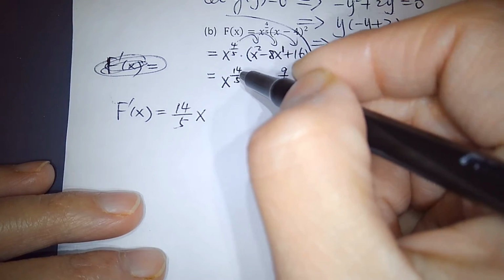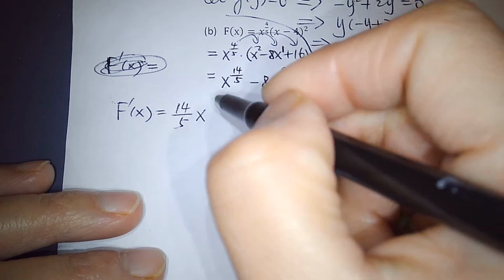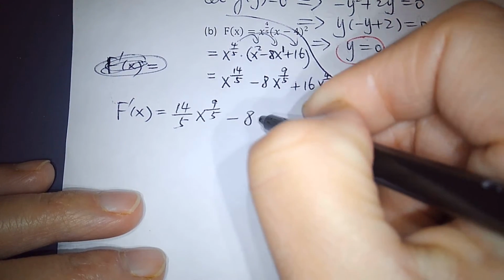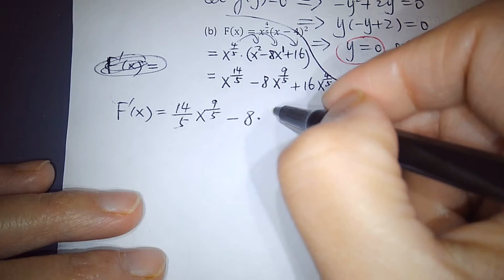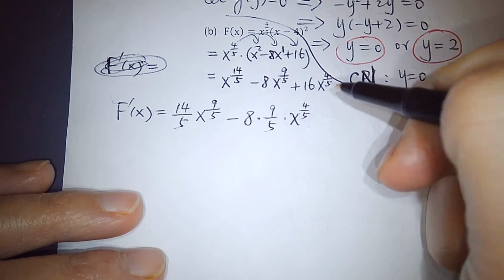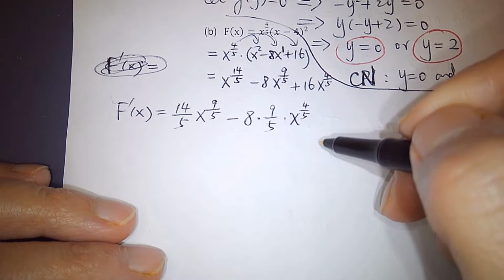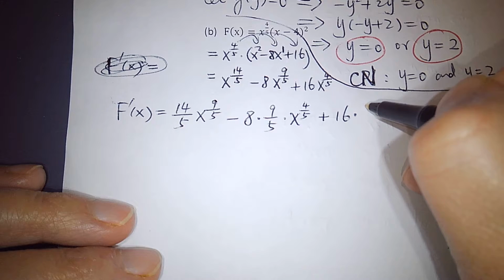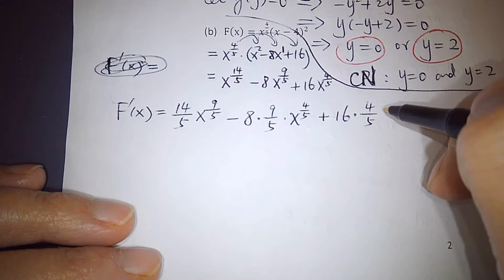What's 14 over 5 minus 1? 9/5, right? Minus 8 times 9 over 5 times x to the what? 4 over 5, right? And then plus 16 times, this is all power rule, right?